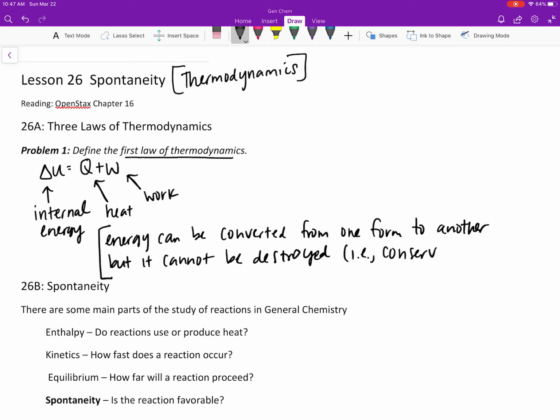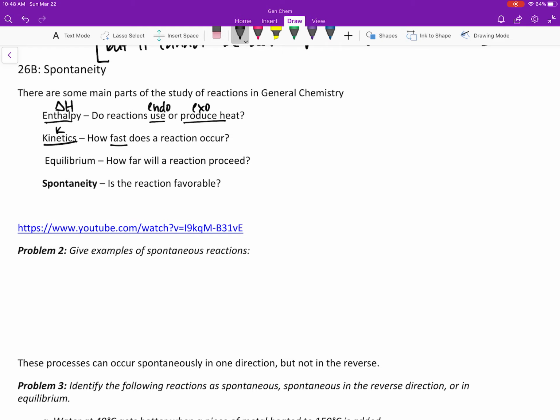The title of this is spontaneity, which is to be spontaneous. There are some main parts of the study of reactions in general chemistry, and we've talked about some of them. Enthalpy: do reactions use or produce heat, so is it endo or exo? Then we talked about kinetics: how fast does a reaction occur?